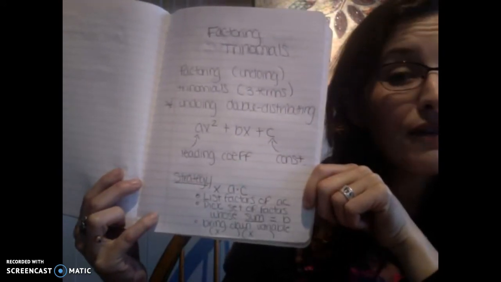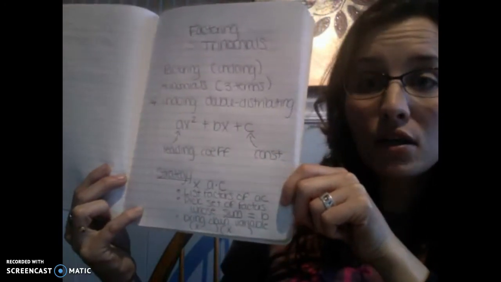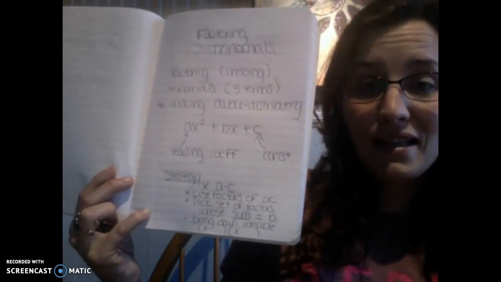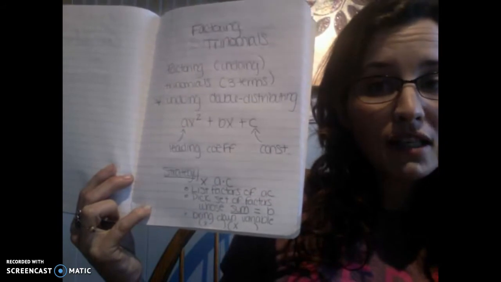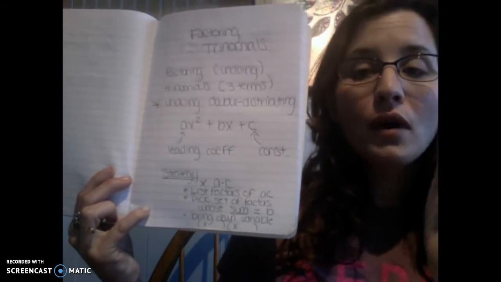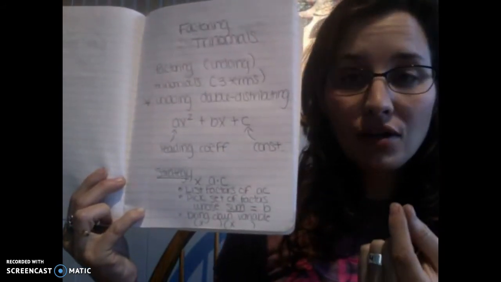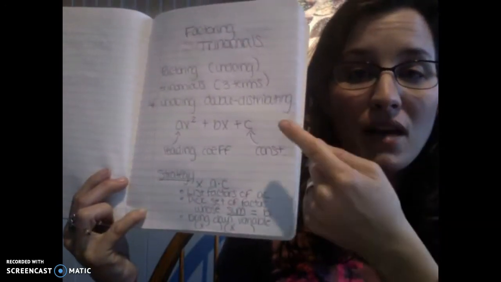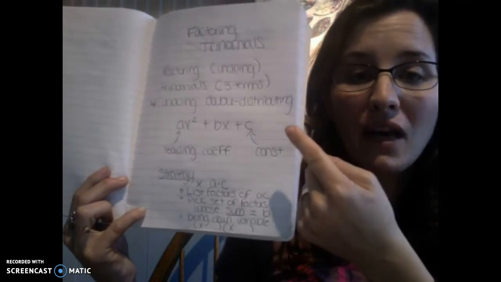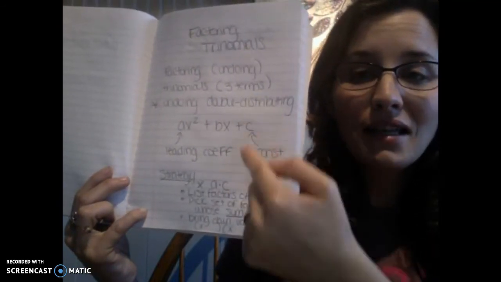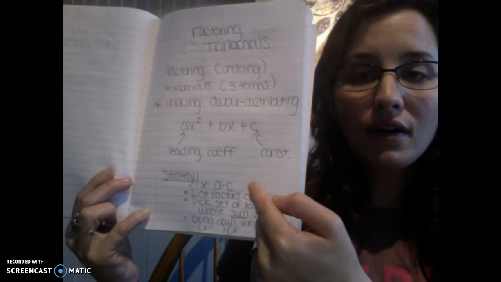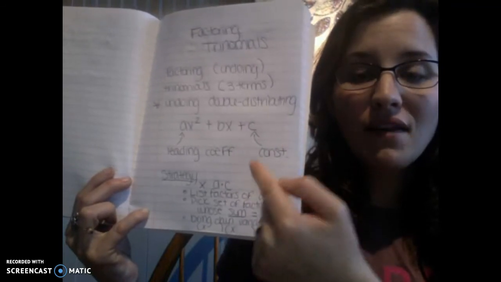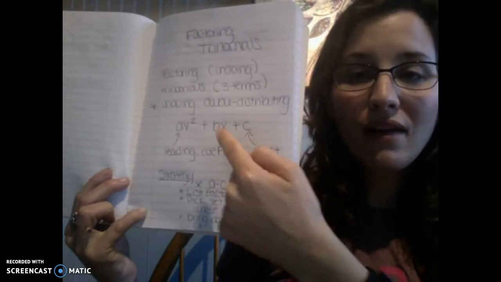Once you list those out, you're going to pick which set of factors, when you add them, give you the B. So I multiply the A times the C, list out the factors of whatever I get as a product, and pick the set of factors that when I add them will give me my B.